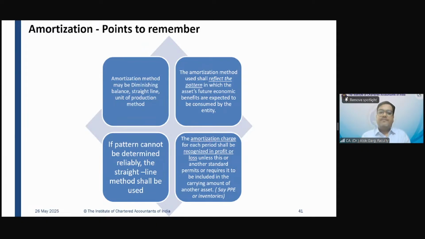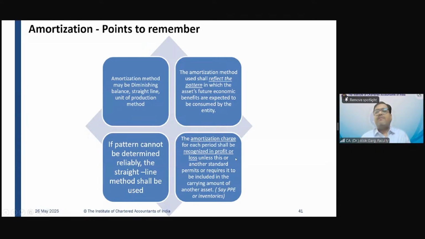And if it is on the basis of usage, then unit of production method.